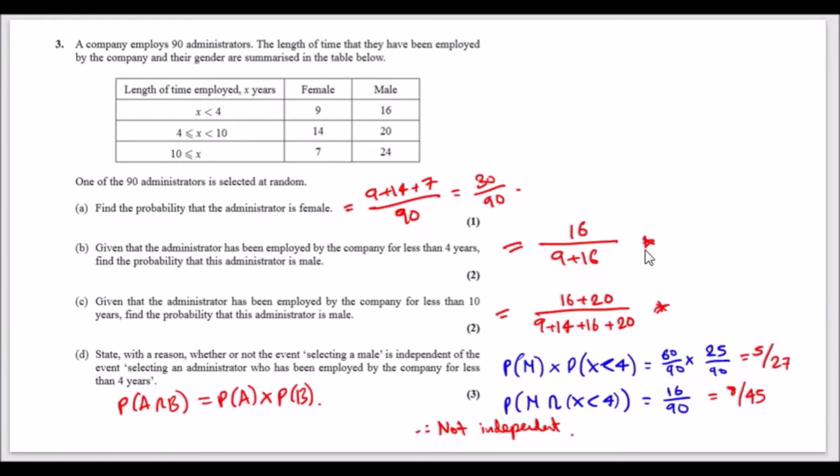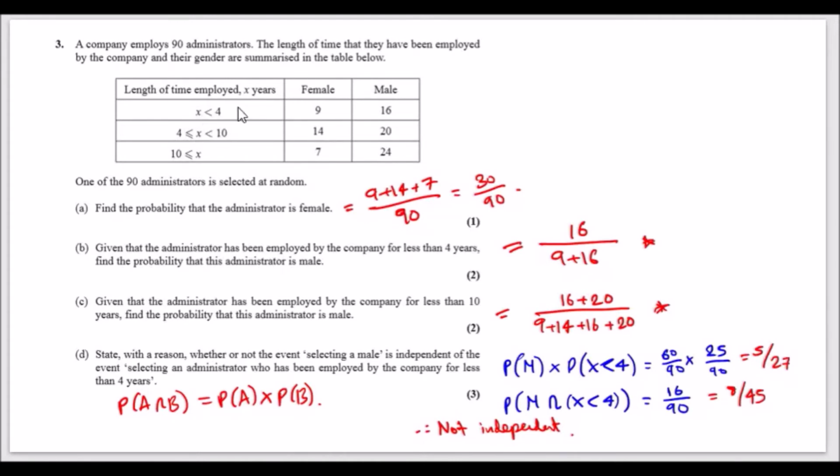The cool thing about "given that" is that we usually use the shrunken method. We only select one of the variables, or at least some of the variables, from the bottom half of the fraction. Now C. Given that the administrator has been employed by the company for less than 10 years. Let's pause there. Less than 10 years refers to these two columns, because this is less than 4 and this is between 4 and 10.